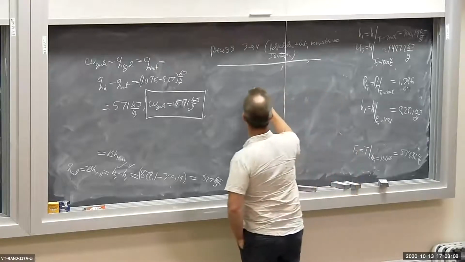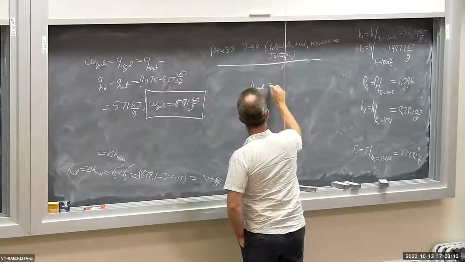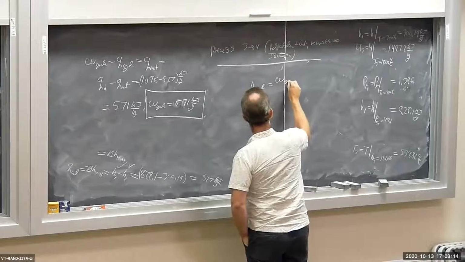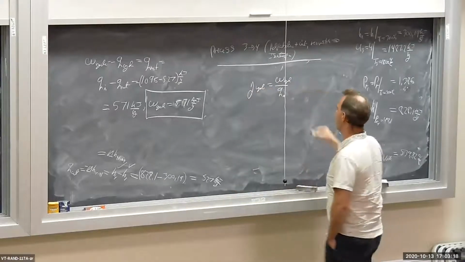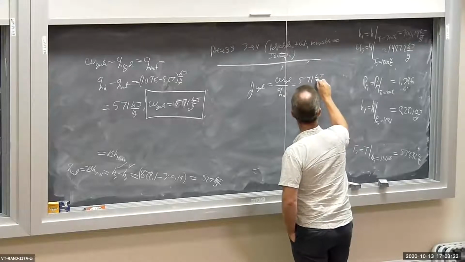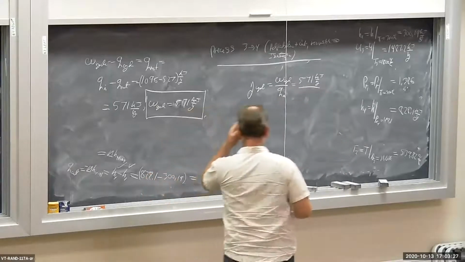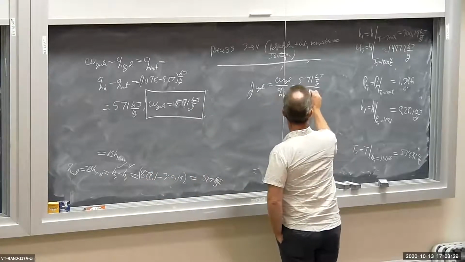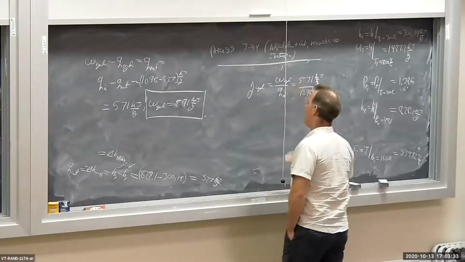Efficiency for the cycle is equal to the work of the cycle divided by the heat input. I have all this stuff. 571 kilojoules per kilogram. The heat input was 1098 kilojoules per kilogram. Those cancel out.